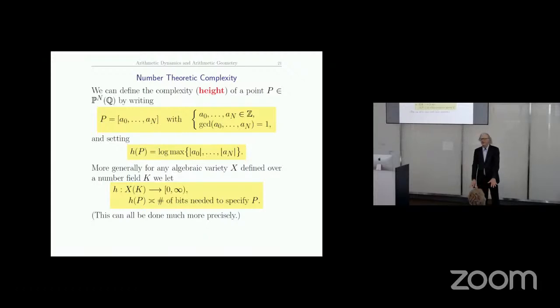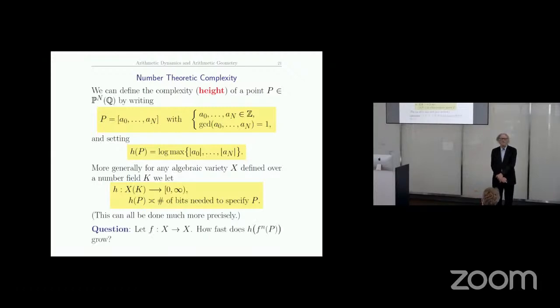And this can all be done much more precisely, and there are very interesting height functions, but this will be plenty for what we need. Because even with this, one has the question of, if I have a map from X to itself, and I have a point, how fast does the arithmetic complexity grow as you iterate the map f and apply it to the point P?